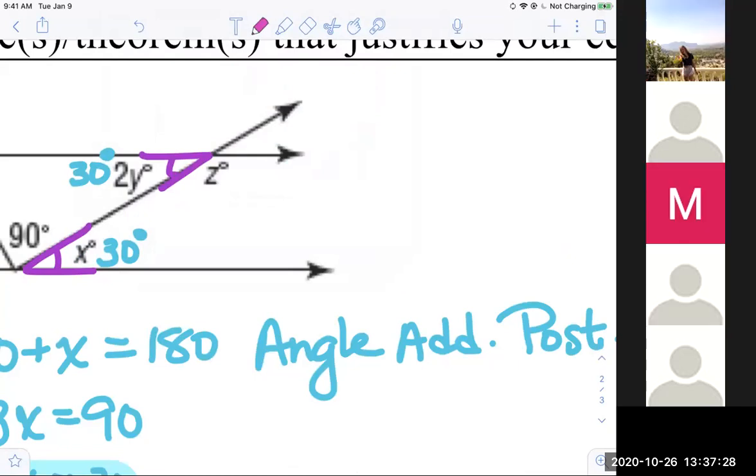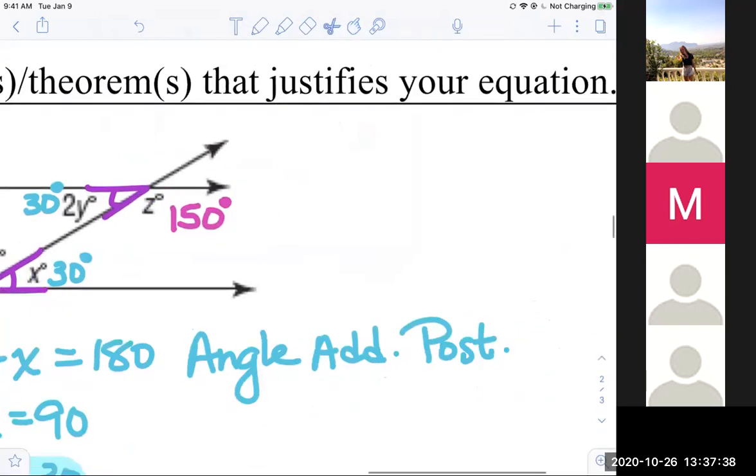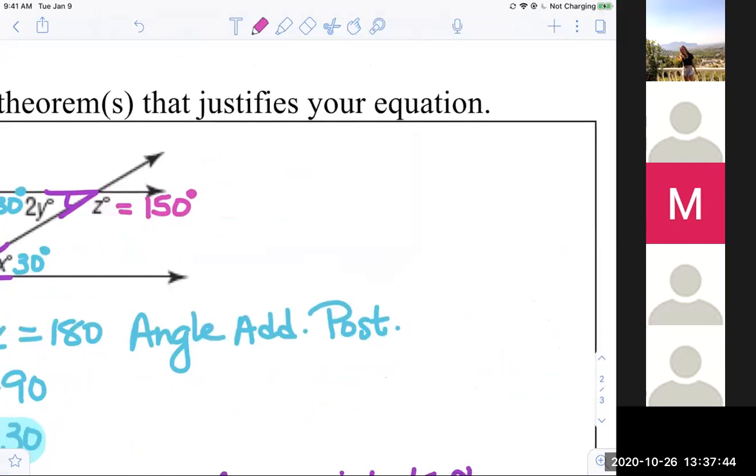It would be 150 degrees. How do you know? Because 30 plus 150 equals 180 degrees, which is a linear pair. Yeah, you're using that linear pairs are supplementary.